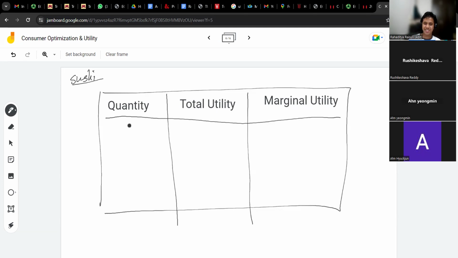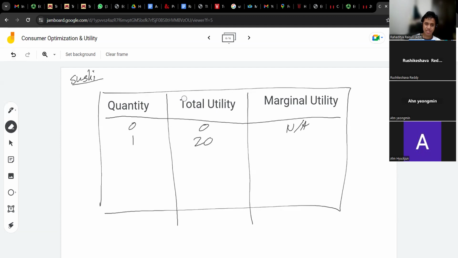So let's start with zero quantity. Also this is NA. Let's say we eat one bite, one piece of sushi. Your first bite will usually be the most satisfying, so let's say it will have a total utility of like 20, for example.